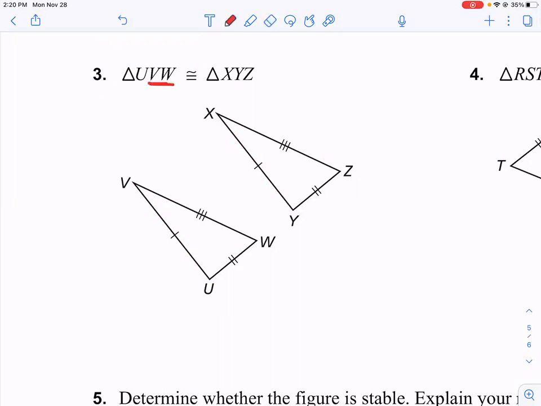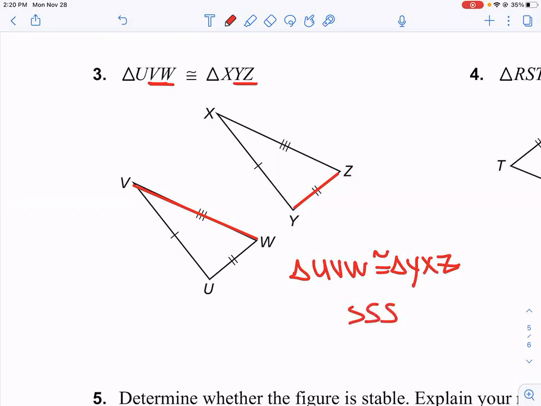Okay, so like VW and YZ. I don't think those two are congruent. Now, we do know that triangle UVW is congruent to triangle YXZ by side, side, side, right?